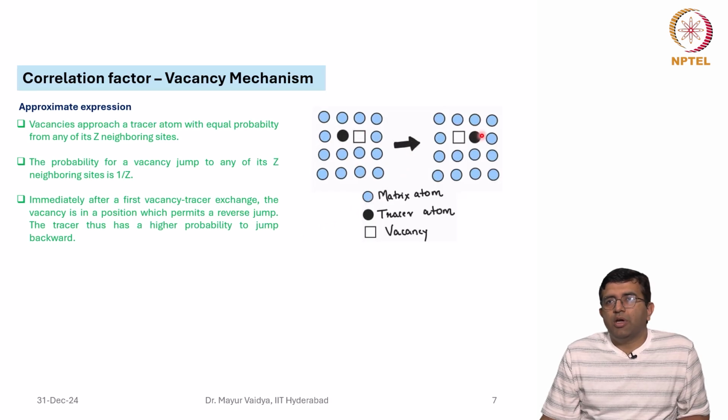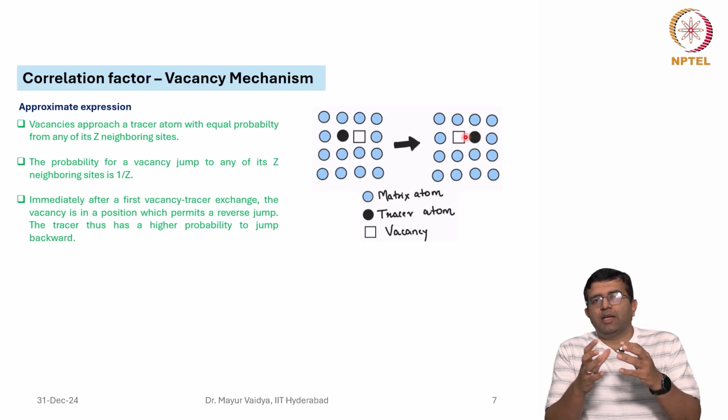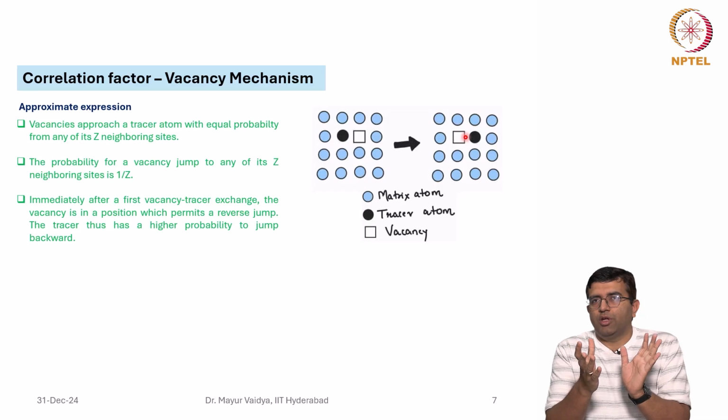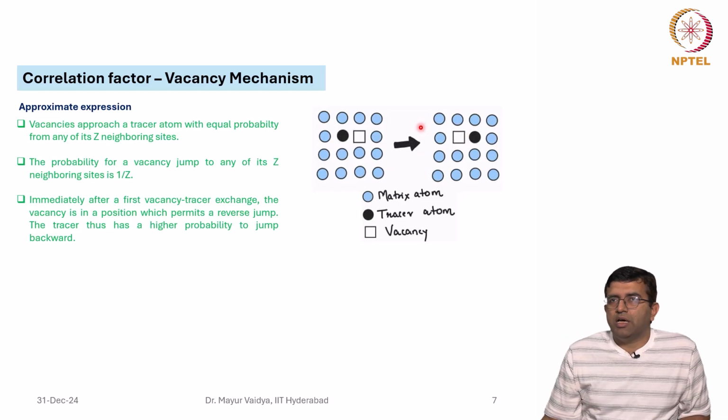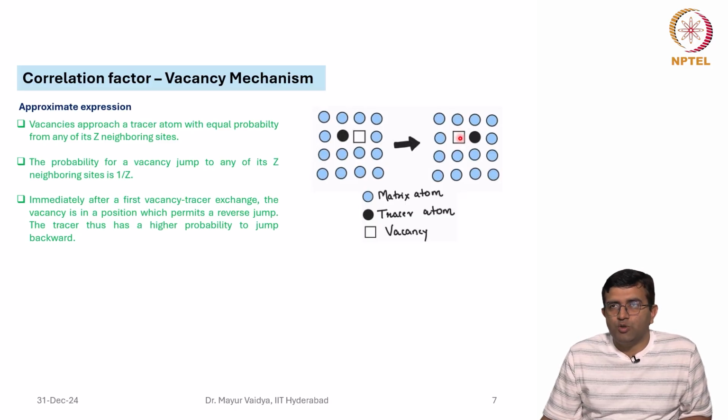Remember, you may say in that case it will always go back and forth, but that is not the case, because there is a possibility that this vacancy and another atom exchange can also happen. That probability is also there, but as far as the tracer is concerned, it will have a higher probability of making a reverse jump.